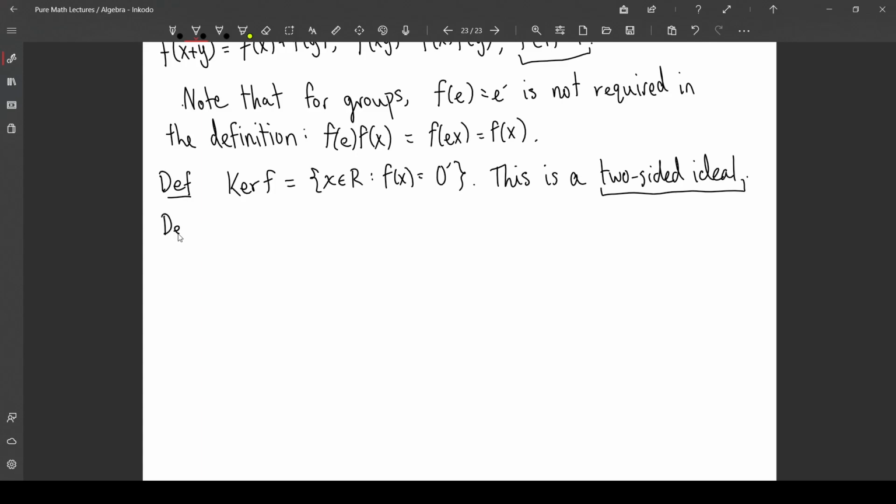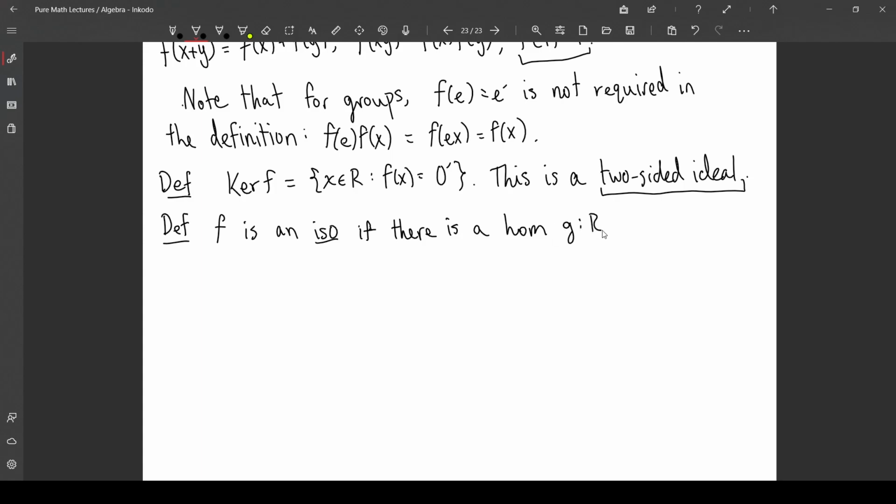Okay. So let's just look at some more definitions. Again, a lot of these are going to be quite like group homomorphisms. So f is an isomorphism, I'm just going to abbreviate that as iso, if there is a homomorphism g.